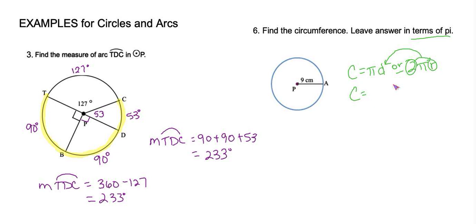So in this case, the diameter is 18 centimeters because the radius is 9, so the diameter would be all the way across. And so it says leave it in terms of pi, so that's really all I do. It's standard to put the 18 first. It's 18 pi, and this is centimeters.